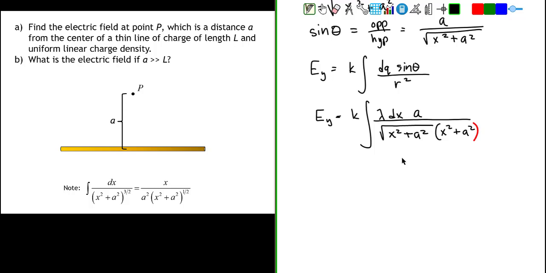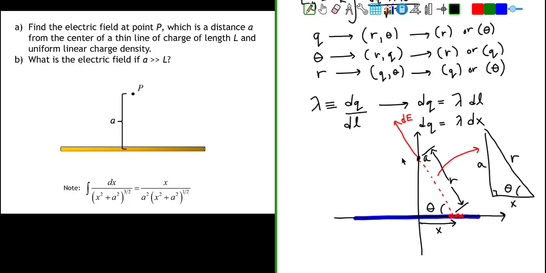And then the only thing we have to do with this integral now is to figure out the limits of integration. If we go back to our picture, this charge is a length of L, which means from 0 to the right end of our charge, that's a distance of L over 2.